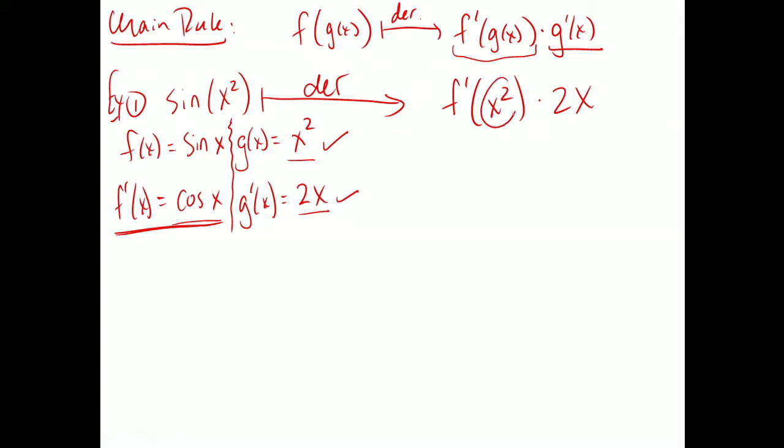It's f prime, but with x squared plugged in, which means I should put an x squared right there. So this front piece, after a little bit of debate here, I'm going to erase this because it's in my way, should be cosine of x squared, and then times 2x. And that's the answer.